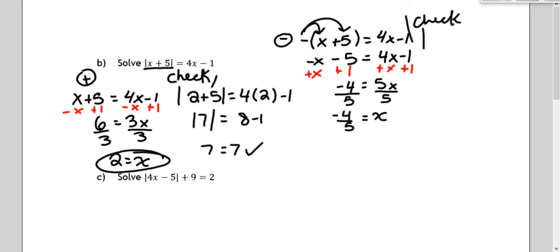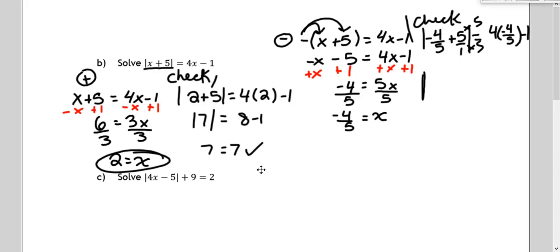We have the absolute value of negative 4/5 plus 5 is equal to 4 multiplied by negative 4/5 minus 1. So then this should be over 1 times 5 times 5. So that gives us 25 minus 4. So it gives us the absolute value of 21. Not that it really matters, because at that step it would change over.